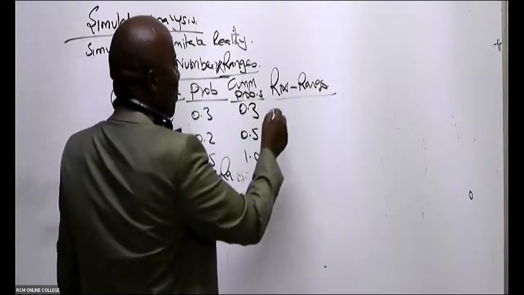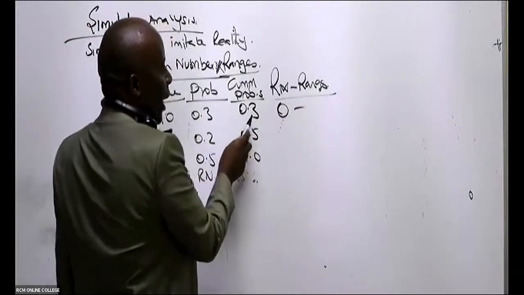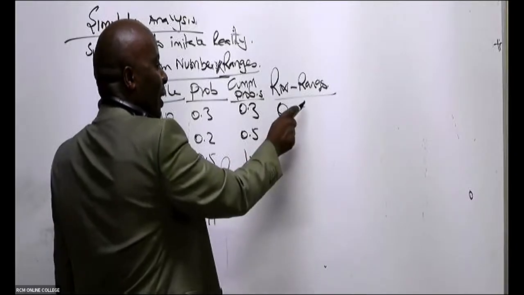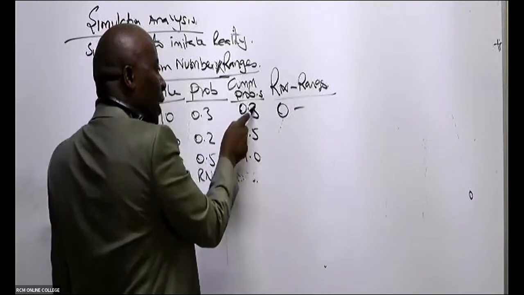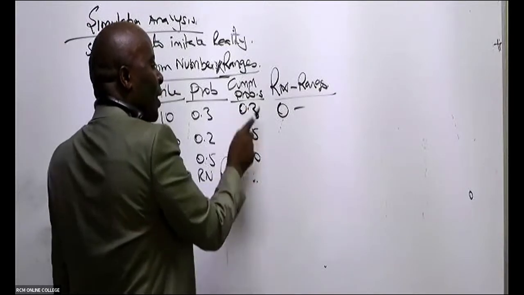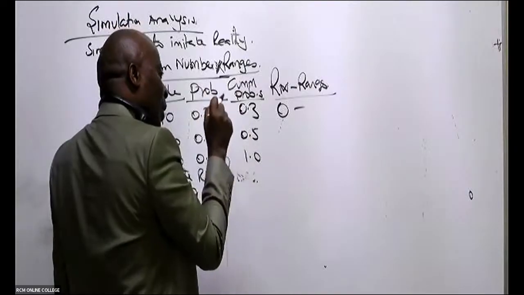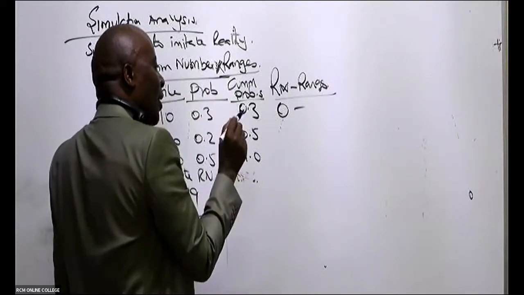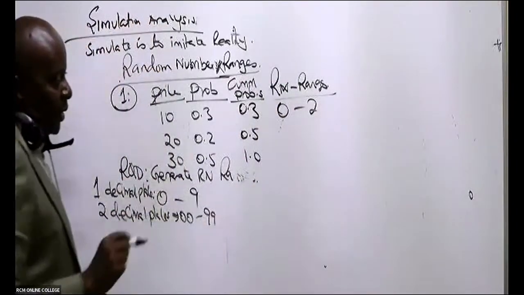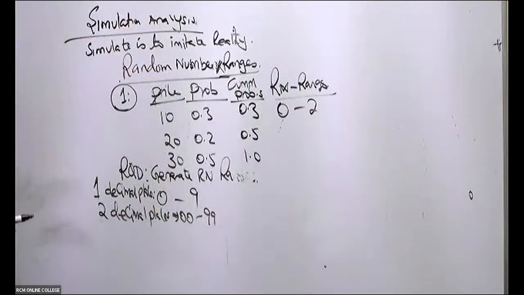The first class will be 0 all the way to the upper limit. Upper limit is 3. But to get the upper limit for the range, you take this 3 as if it's a whole number, and then you deduct 1. So 3 minus 1, that gives me 2.